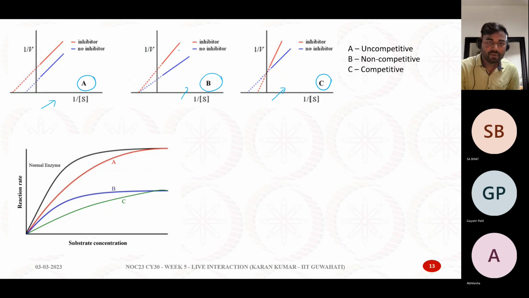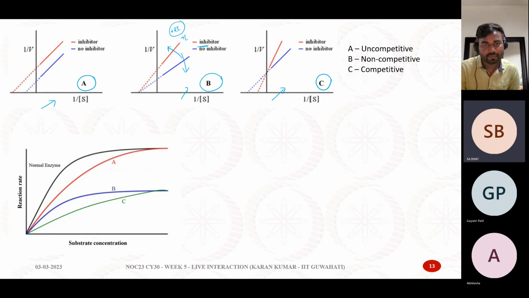Okay, and if you increase the concentration, where will you see your graph going, to this side or this side? If you increase the concentration, let us say this is I, plus 2I. Now you increase the concentration. Where will you see the graph, going to the positive direction or negative direction? Which direction?